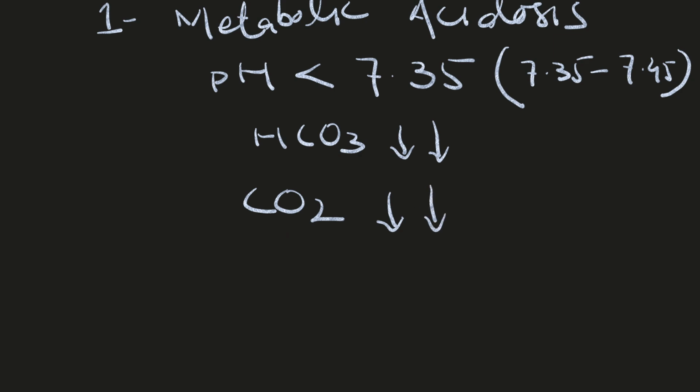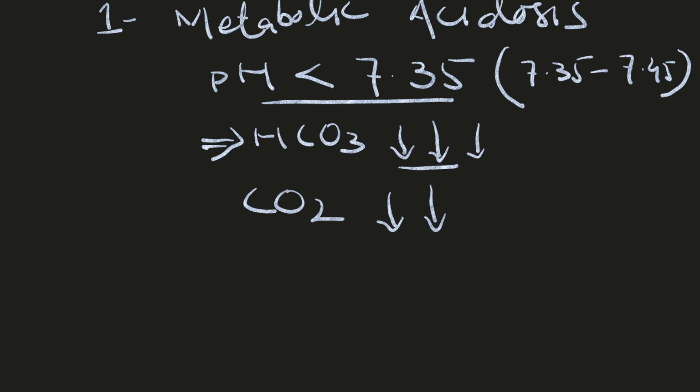Hence, in metabolic acidosis, the pH will be lower than 7.35. As it is metabolic acidosis, the bicarbonate will be the culprit. So in metabolic acidosis, the bicarbonate level drops down.